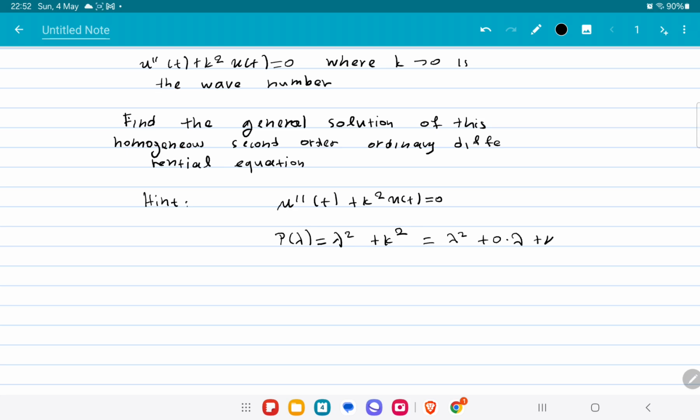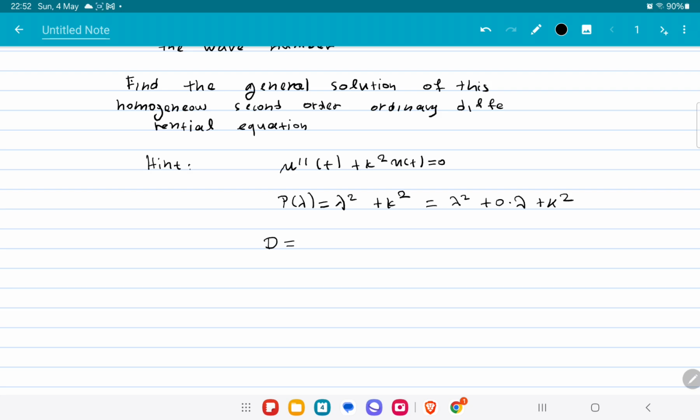lambda squared plus 0 times lambda plus k squared. The discriminant here is what? 0 squared minus 4 times 1 times k squared.